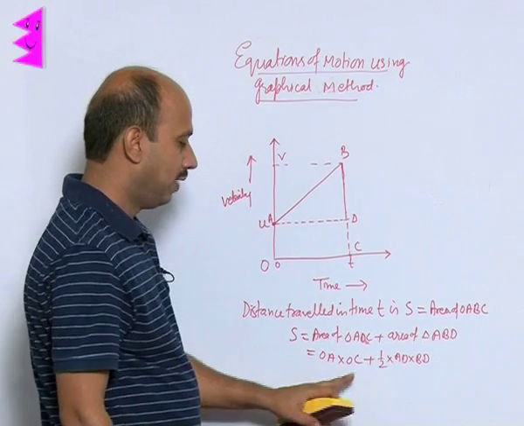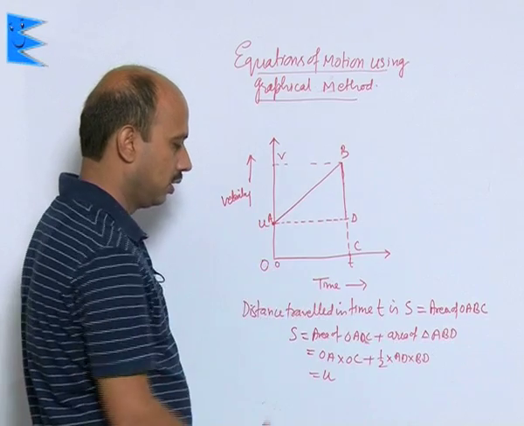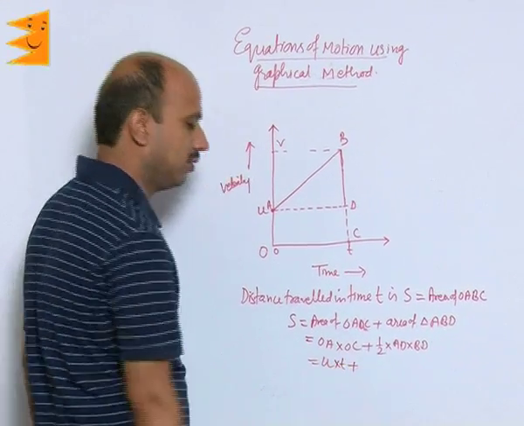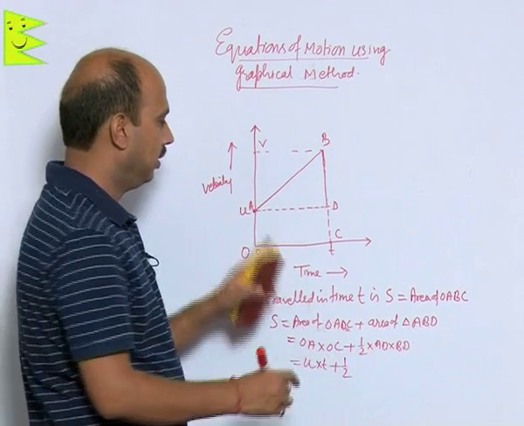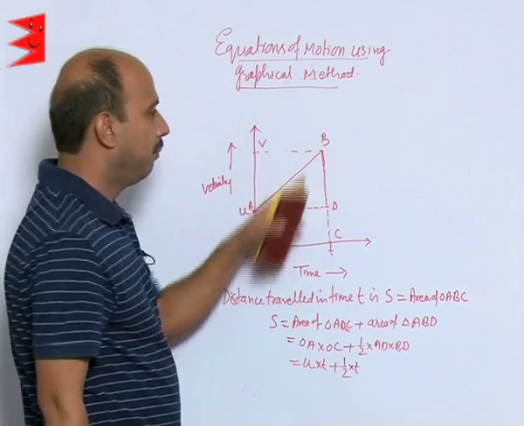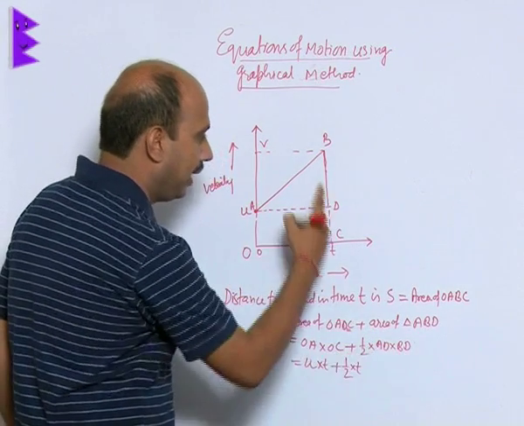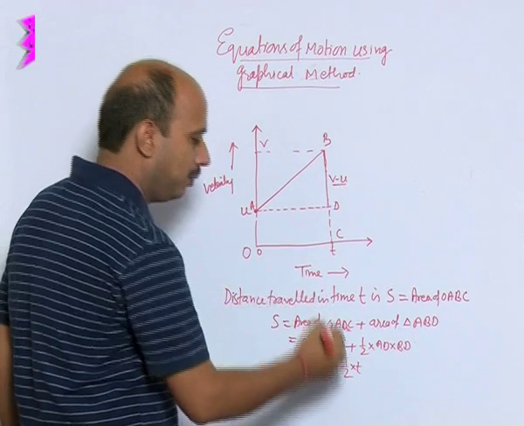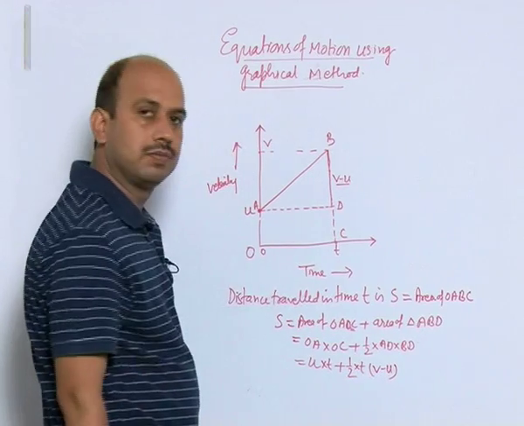Now put the value of OA, OA is U, OC is equal to T, so we write U into T plus half, AD is again equal to OC, that is T, into BD. We have already calculated BD, that is equal to V minus U. So we write V minus U here.